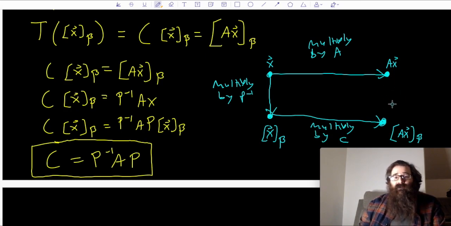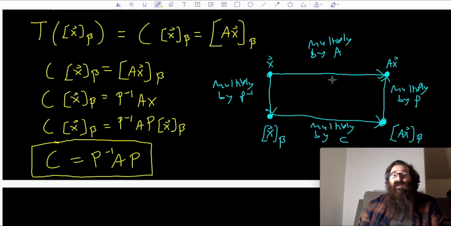And then when everything's almost all said and done, when I want to return back to the standard coordinate system, so if I don't want Ax in terms of basis beta, but I want classic Ax, I can get there by multiplying by the change of coordinate matrix P. So here we'll say if I multiply by matrix P, that'll bring me to just regular Ax.